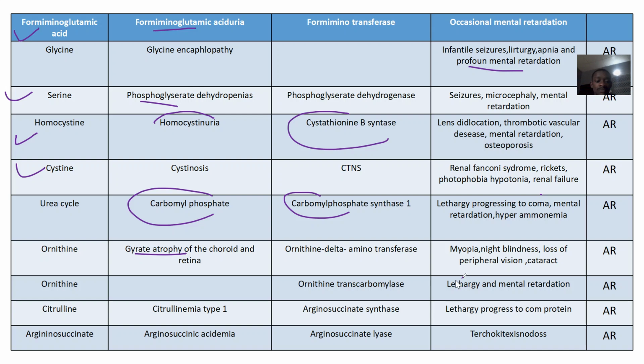Also there can be deficiency of ornithine transcarbamylase, with lethargy and mental retardation. Then citrullinemia type 1, argininosuccinate synthase deficiency, can lead to coma. Then argininosuccinic acidemia.